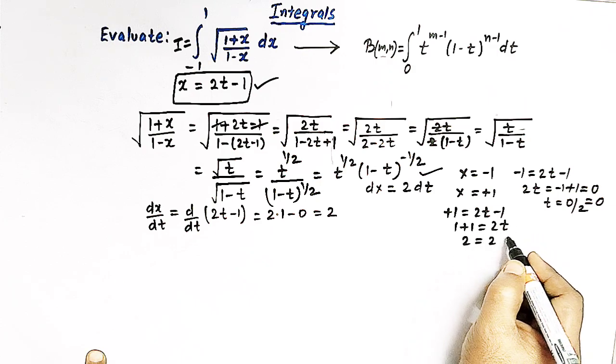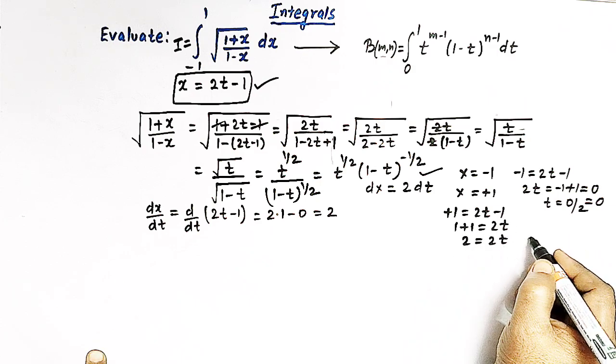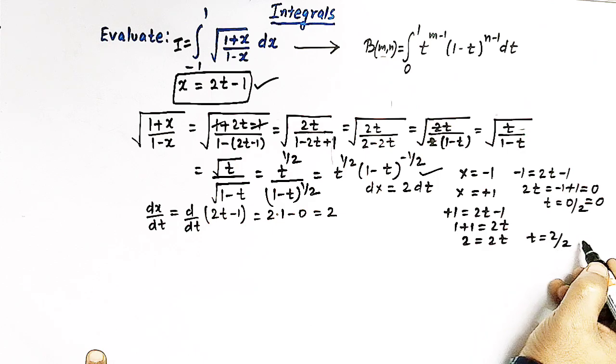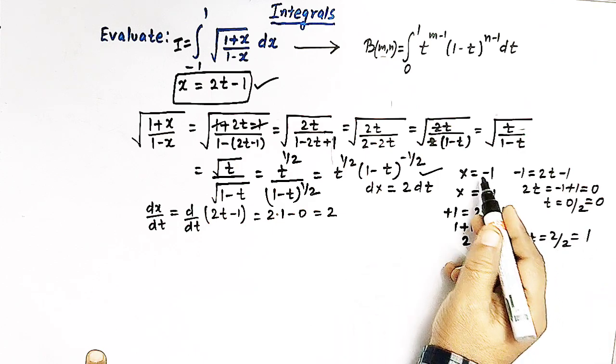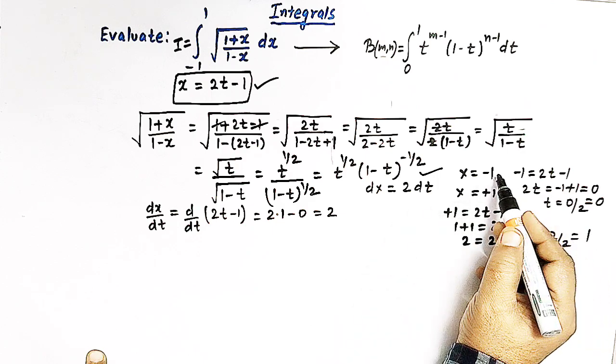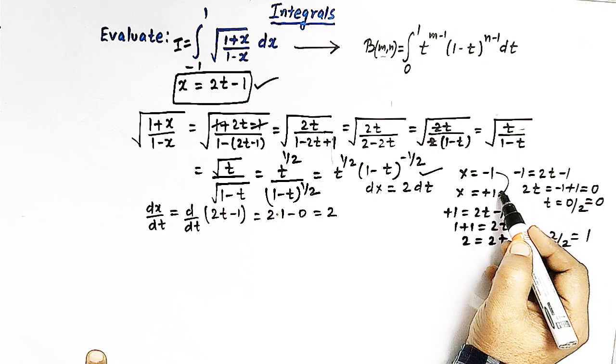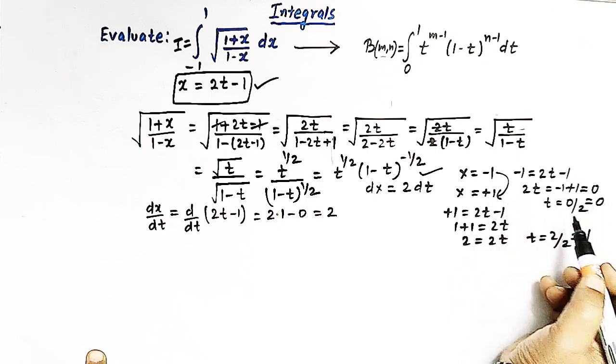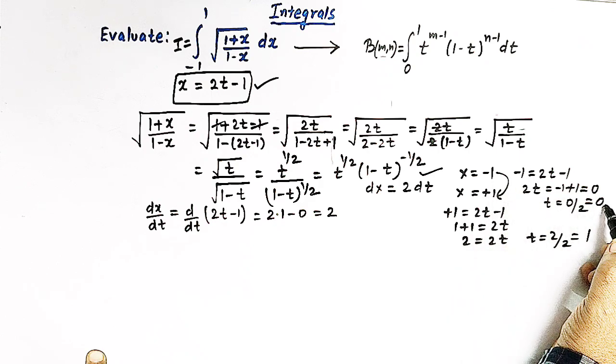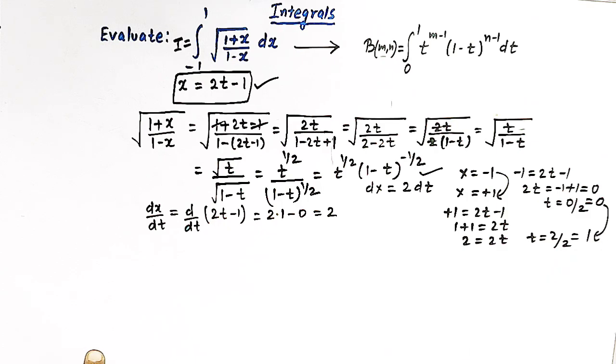This is 2 is equal to 2t, and t is equal to 2 over 2, that is 1. So when x changes from minus 1 to plus 1, then t varies from 0 to 1.